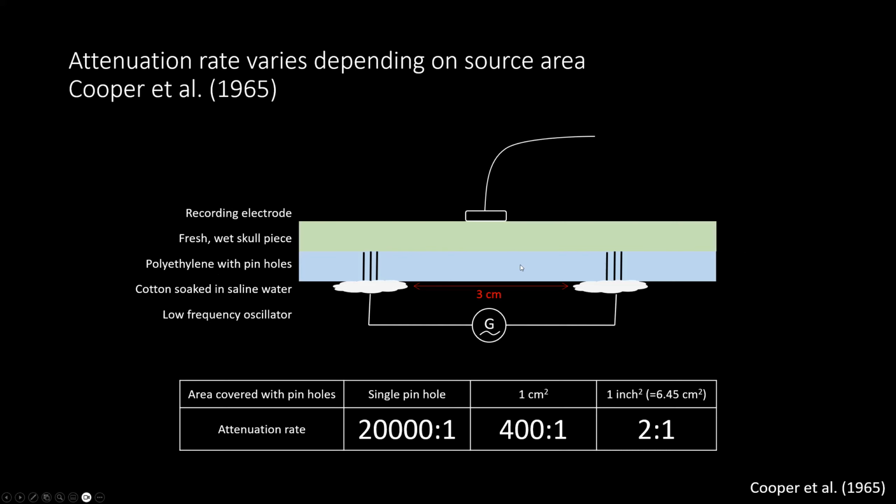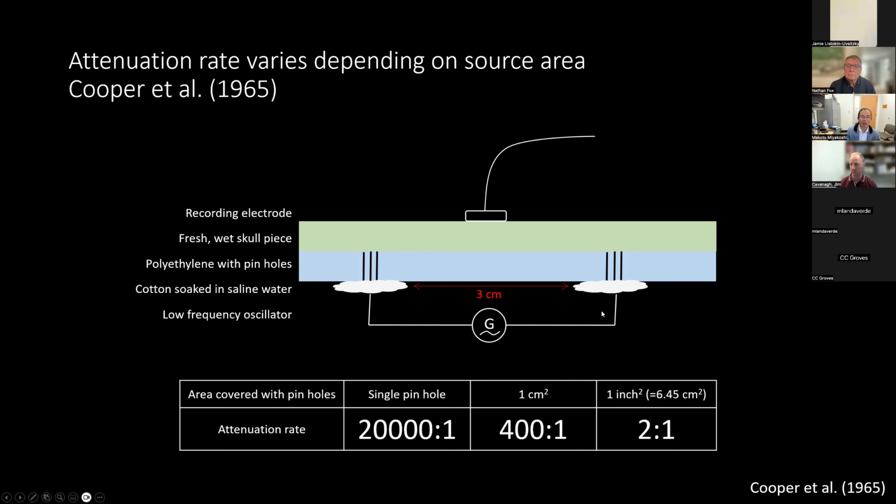They put a punch hole, probably using a needle. And this is cotton soaked in saline water, and this is the low frequency oscillator. And they measured the electric potential difference here, referenced to somewhere else. So what they studied was the difference in the ratio between this generator's voltage and the measured voltage.